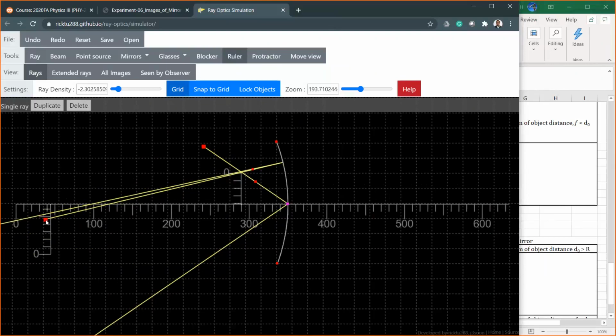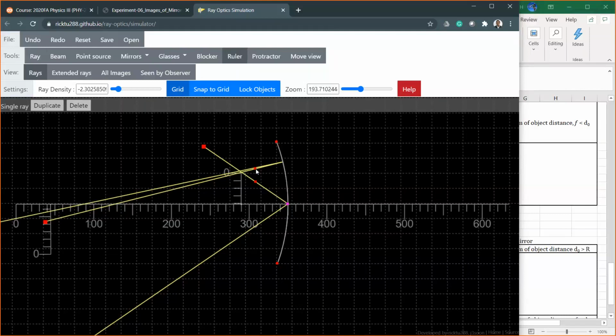So that should go through exactly 22 segments from the mirror, 5, 10, 15, 20, 22, this point right here, and it should pass through exactly the top of the object.